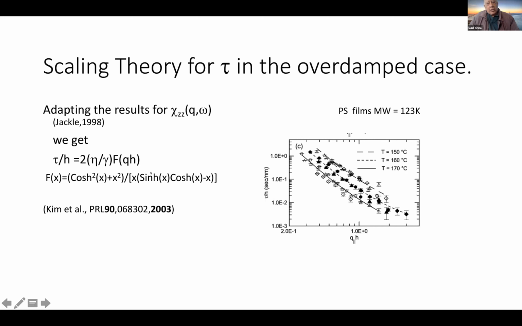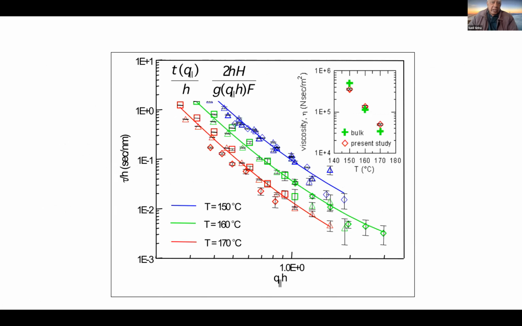And this worked very well because you can see that if you take, for instance, polystyrene at 123K molecular weight, at different temperatures, it has different viscosities, but at different thicknesses, all of them scale and fall on the same universal curve if you plot tau over H versus QH. So the scaling relation was demonstrated very well. And here it is again. And you can see that the agreement with the bulk viscosity as measured by other standard techniques is not bad.